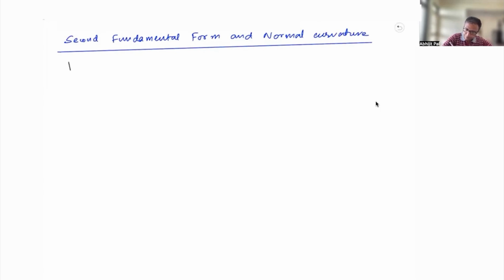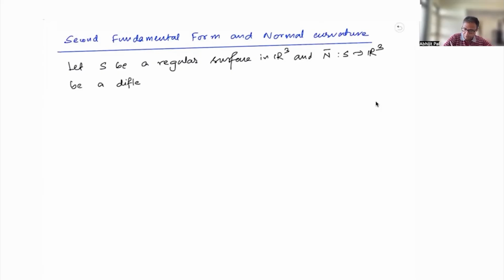Let S be a regular surface in R3 and N bar from S to R3 be a differentiable unit normal vector field.